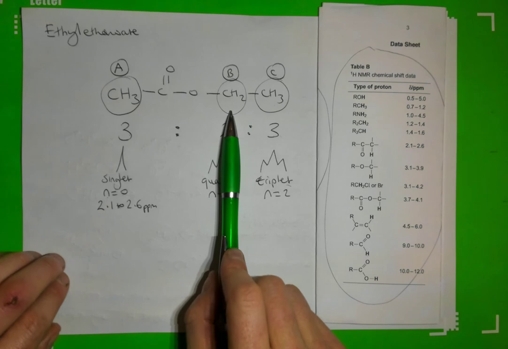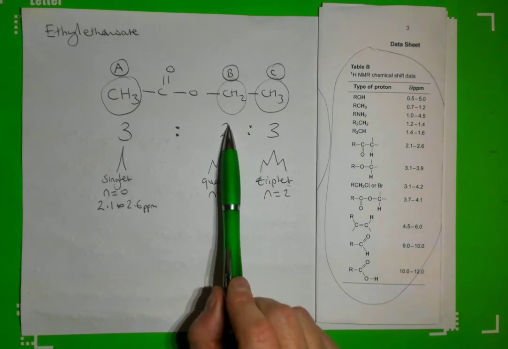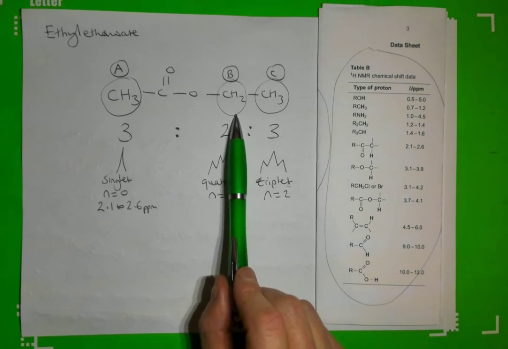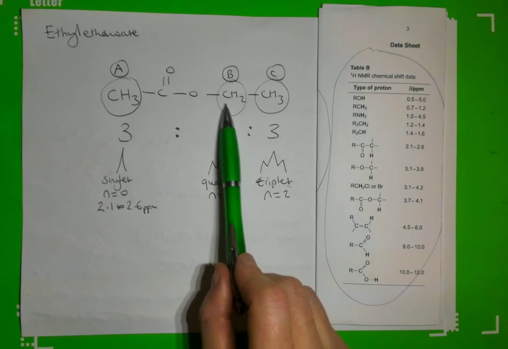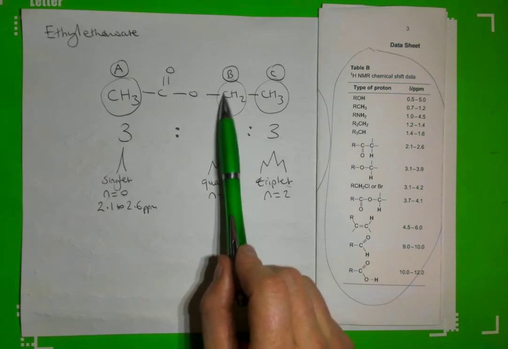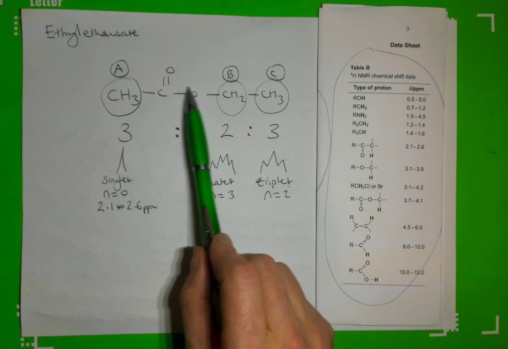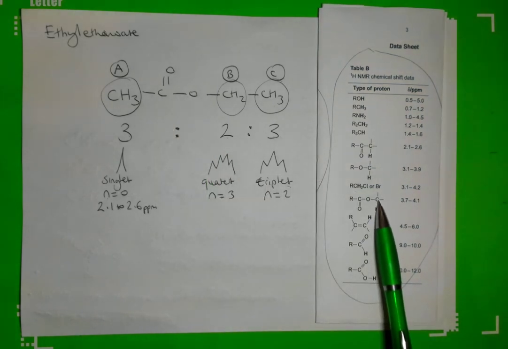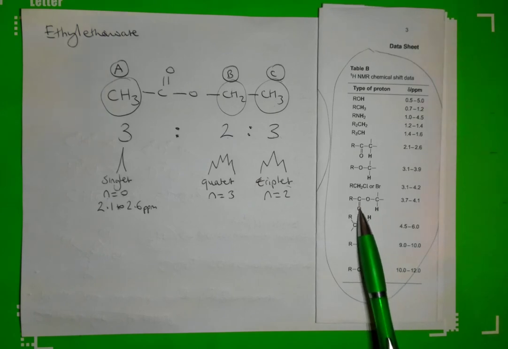Okay, we've got a CH2 here, which is our quartet. Now our quartet there is a CH2, so we're looking for a CH2 which is attached to an O, then a CO. So hydrogens attached to a carbon which has got an O and then a CO. So it's going to be this one here, O and then CO here.